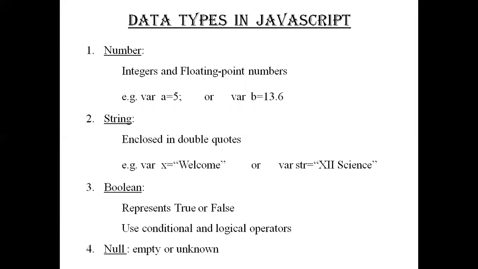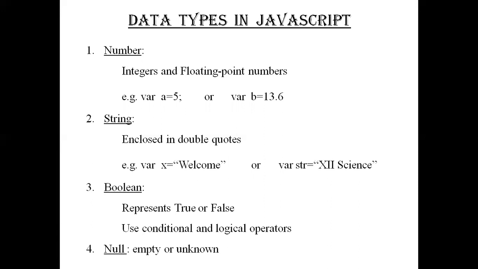First one is the number type. This stores both whole numbers and decimal point numbers. Whole numbers mean integers and decimal point numbers we say floating point numbers. So the number type stores both whole numbers and floating point numbers, and it holds positive and negative values also.